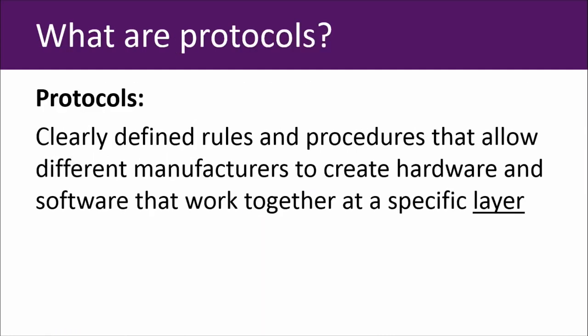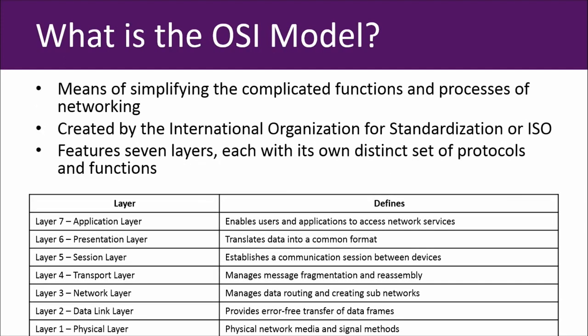You're commonly going to hear standards referenced in the same breath as protocols, okay? Protocols and standards are a little bit different. A protocol is a clearly defined rule and procedure that allows different manufacturers to create hardware and software that work together at a specific layer, right? So what are layers? Well, layers make up the OSI model.